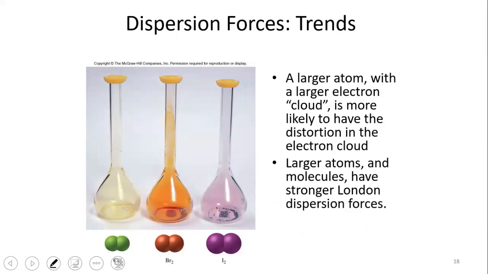Remember that all three of these elements exist naturally as diatomic molecules. By definition, because both atoms are the same, they form a nonpolar covalent bond. Both atoms are pulling the electrons with the same force, the same electronegativity. Therefore, chlorine, bromine, and iodine molecules are nonpolar. That means that the only kind of force available to them would be London dispersion forces.